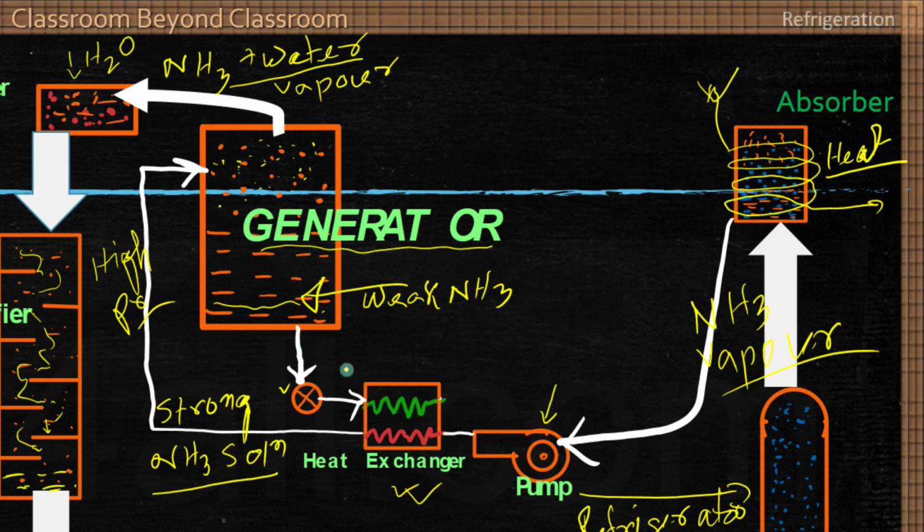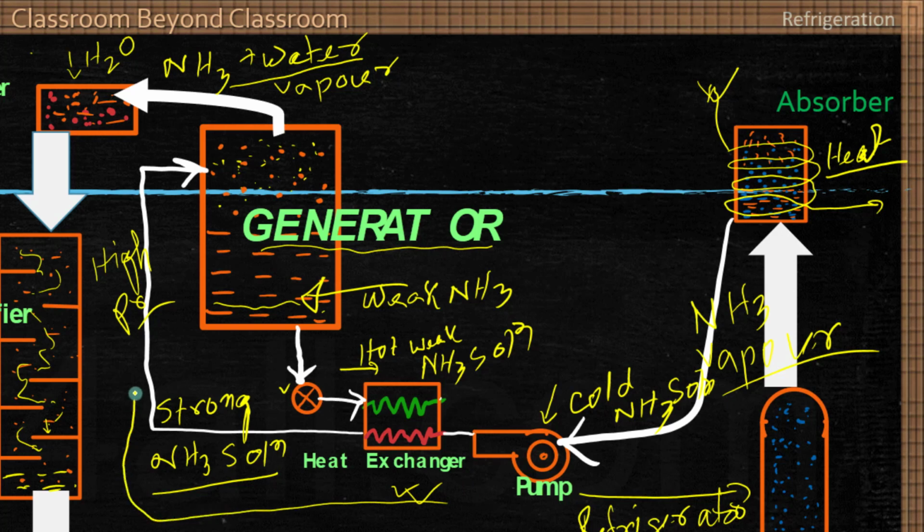The cold ammonia solution, because it was cooled in the absorber, will come as a hot and strong ammonia solution to the generator, and from the generator the hot but weak ammonia solution will come.